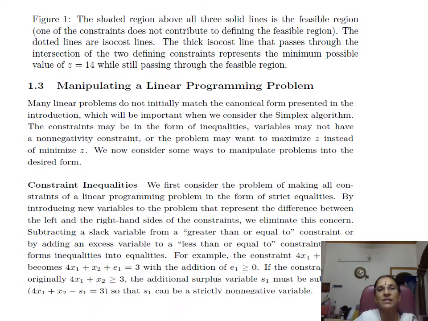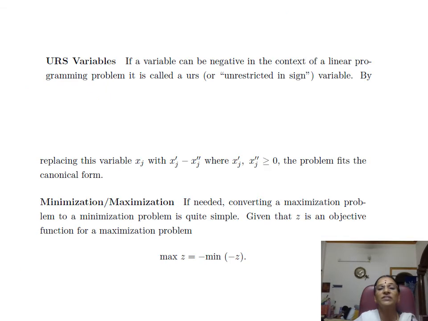Suppose the maximization problem has greater than or equal to, instead we subtract a variable, which is called the surplus variable. We change to equation form using slack and surplus variables.